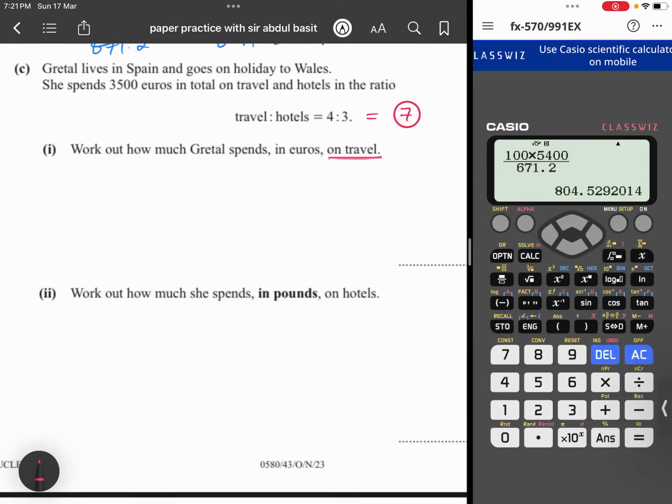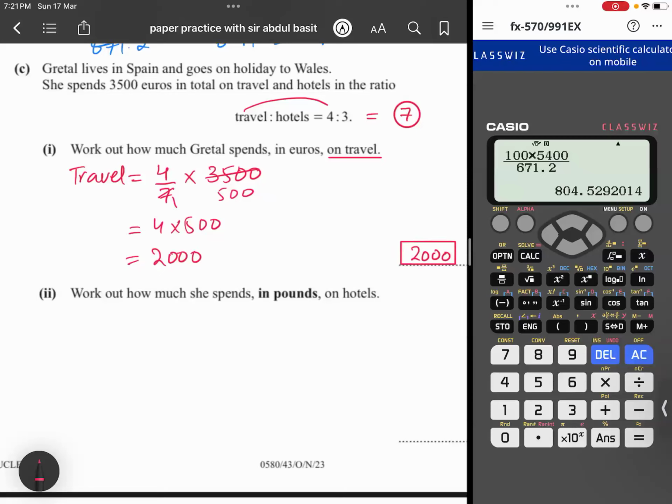So travel is 4 out of 7, and she spent 3,500 euros. As far as I know, 7 ones are 7 and 7 fives are 35. So 4 times 500 is 2,000 euros she spends on travel.